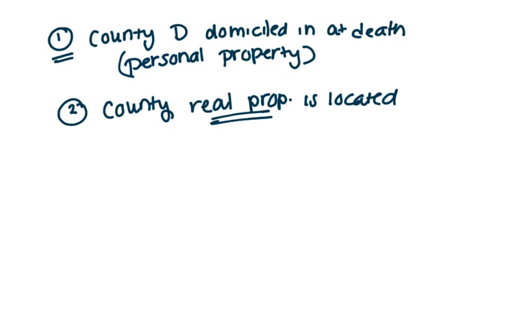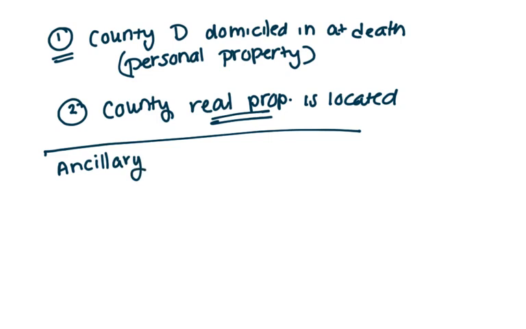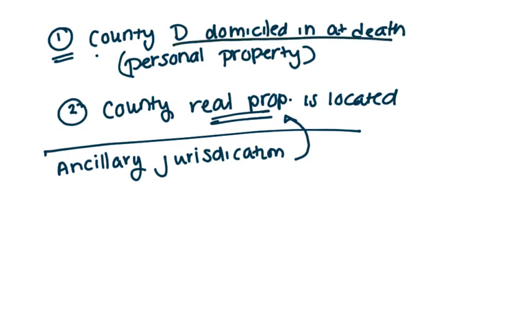If that's the case, then the county where the real property is located will have ancillary jurisdiction over the real property. If the real property is located in a county that is different than the county that the decedent was domiciled in at death, then there will likely be ancillary jurisdiction.